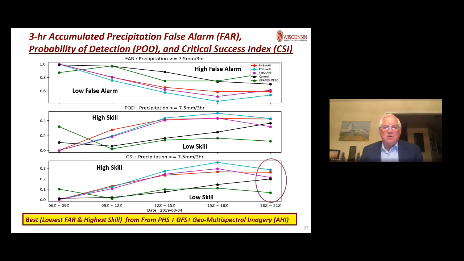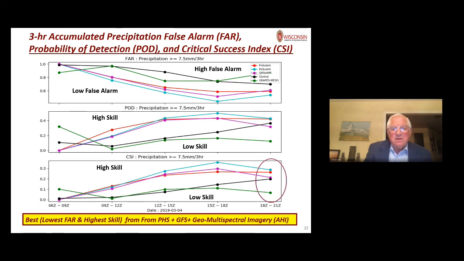And other skill scores, such as the probability of detection and what's called the critical success index. These are indices which relate to the number of correct forecasts over the total number of forecasts. And you want this to be very high, and it is for the satellite forecast, which are these purple, green, and cyan curves here, and very low for the non-satellite forecast, the GRAPES model and the control model.